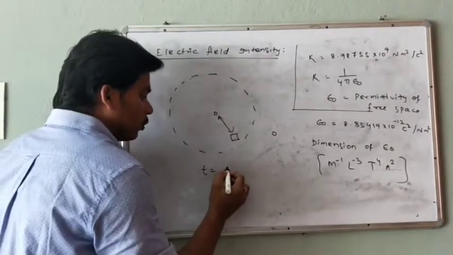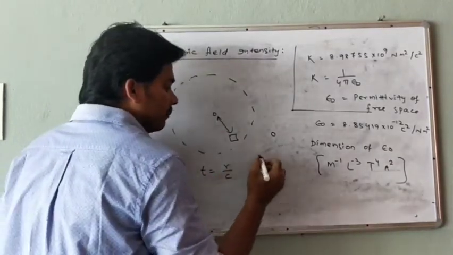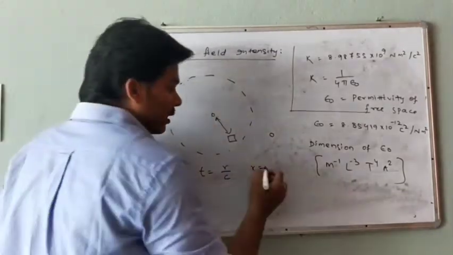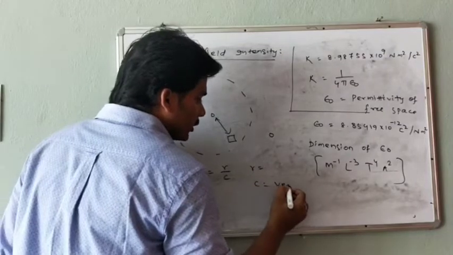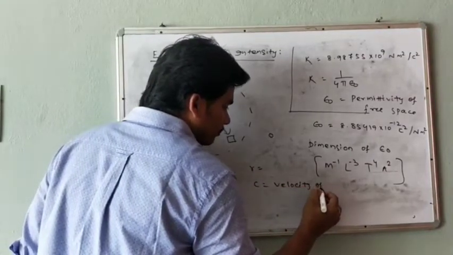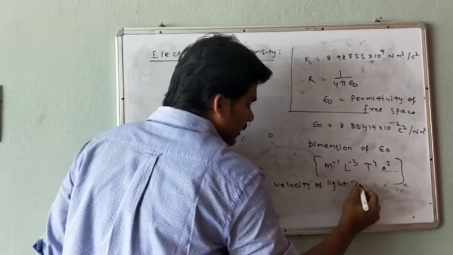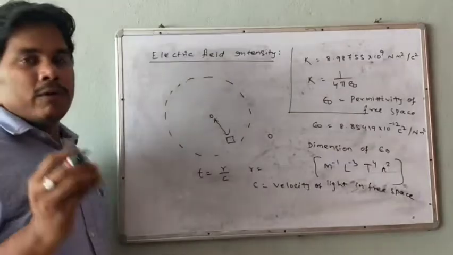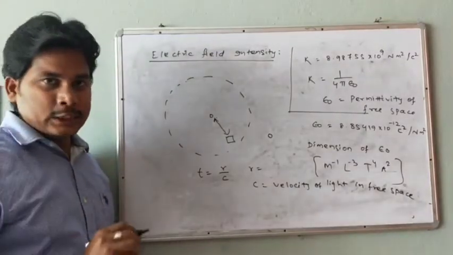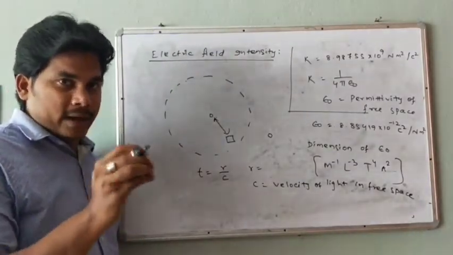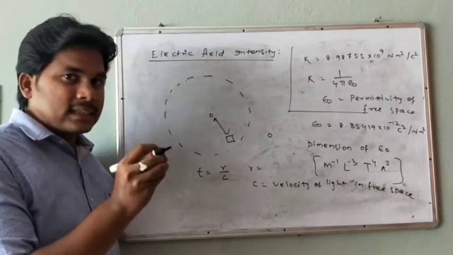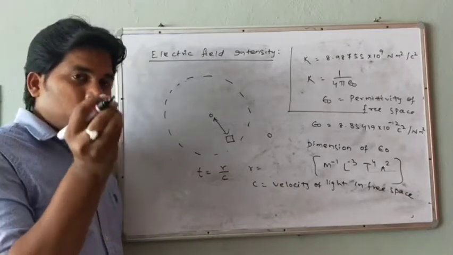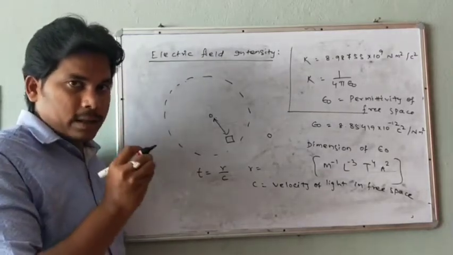That time t is equal to r by c, where r is the distance through which it was displaced and c is the velocity of light in free space. Now we can define the electric field intensity as the force required to move a charge to a particular point per unit charge.